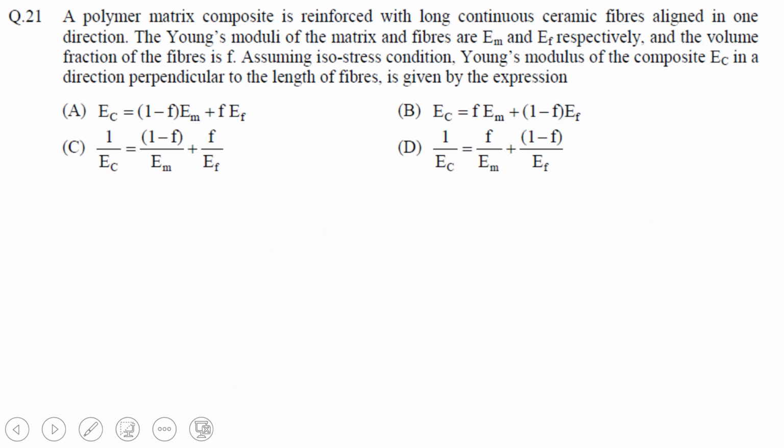A polymer matrix composite is reinforced with long continuous ceramic fibers aligned in one direction. The Young's moduli of the matrix and fibers are EM and EF respectively, and the volume fraction of the fiber is F, assuming isostress condition. Young's modulus of the composite in the direction perpendicular to the length of fiber is given by, okay.